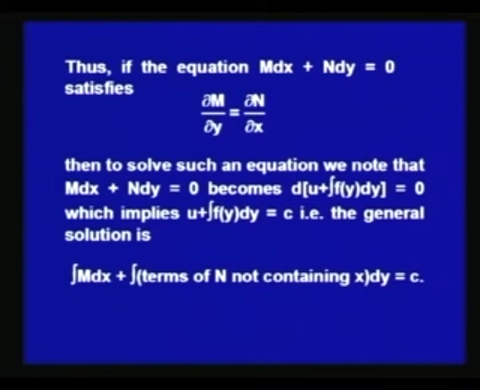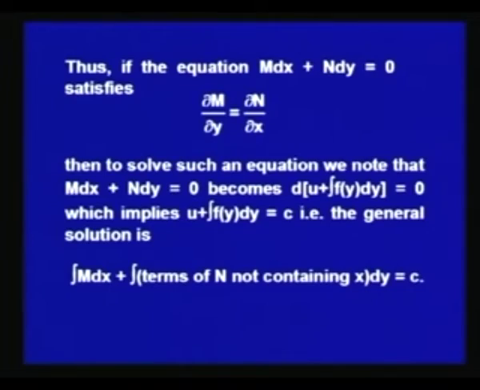That is, the general solution of the exact equation M dx plus N dy equal to 0 is nothing but the integral of M dx, which is u, plus the integral of f(y), the terms of N which do not contain x, into dy equal to c.